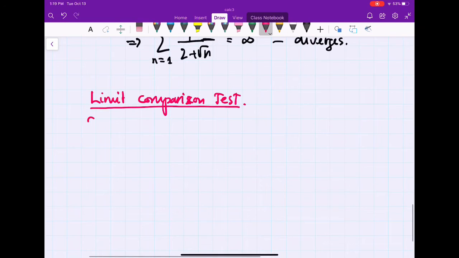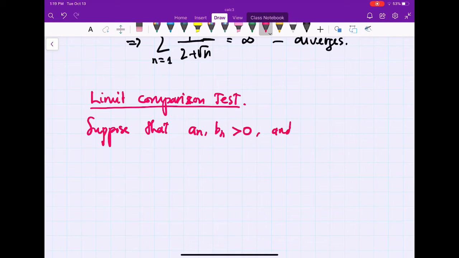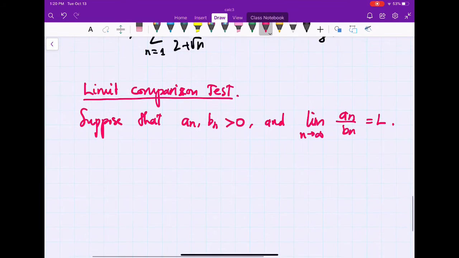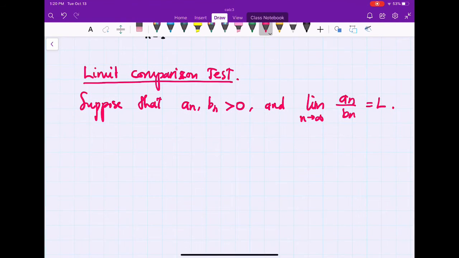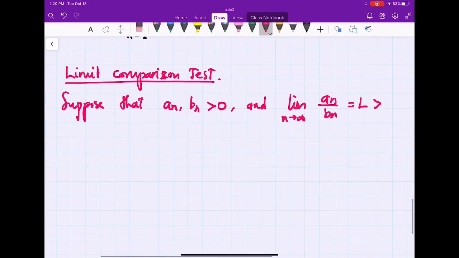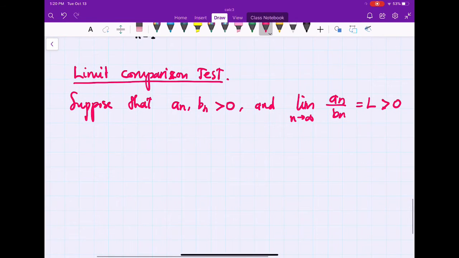Suppose that an and bn are greater than 0, and the limit of an over bn equals L. So you consider the limit of the quotient of the general terms of two series. And let's say this L is positive and finite.